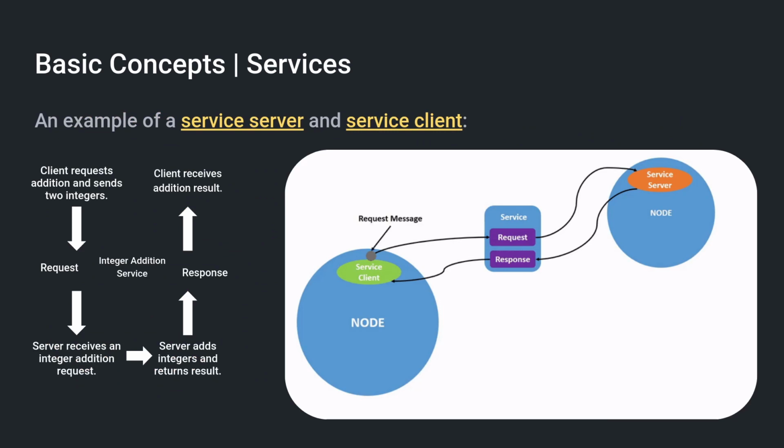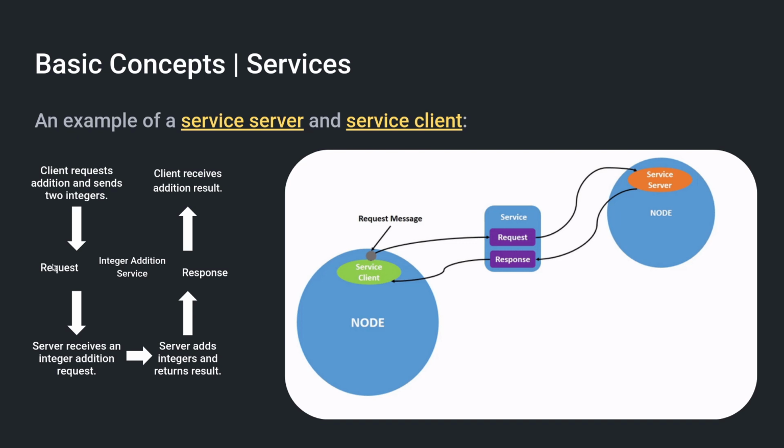And so we have a basic example of this right here, where we have a service server and a service client in this graph, and they're talking over a service, which, again, is defined as having a request and a response. So an example of this, let's say the client requests an addition of integers and sends two integers.